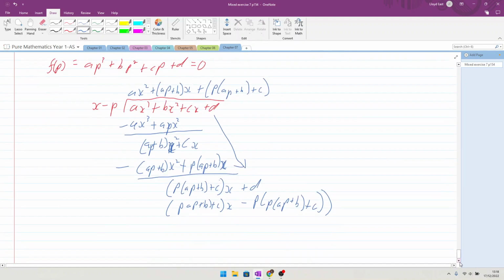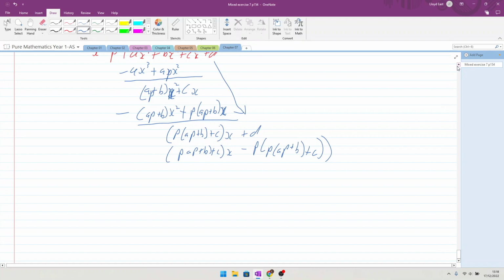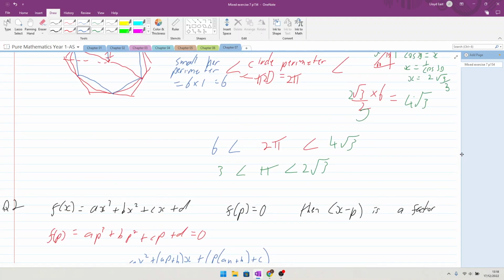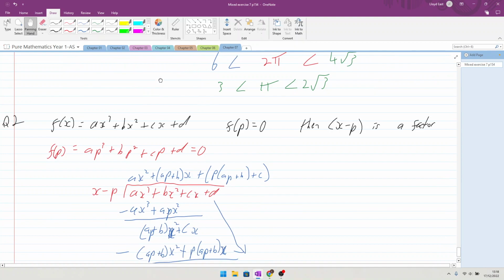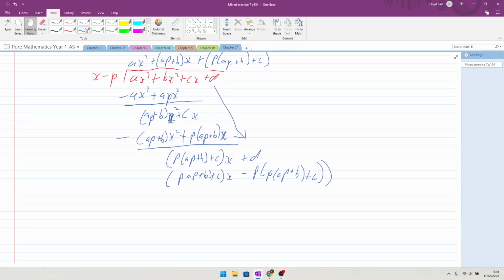Okay. And when you do the change the signs on that, plus and minus, that's all gone. And so we end up with p, ap plus b, plus c, plus d, as a remainder.